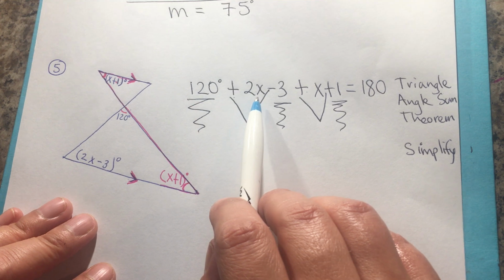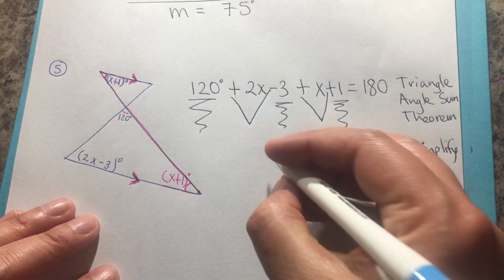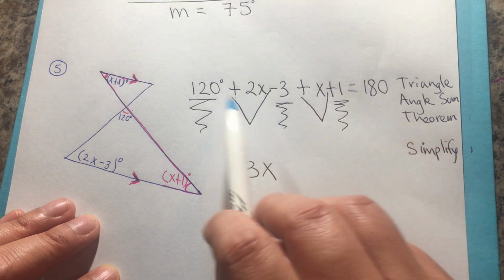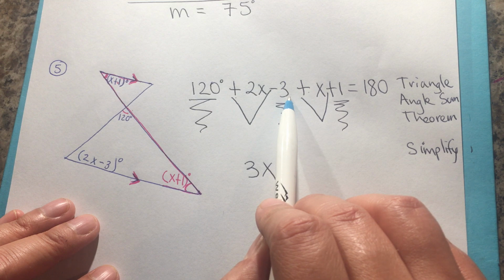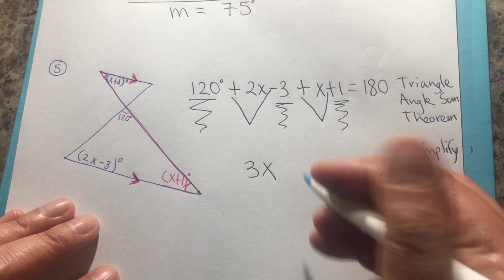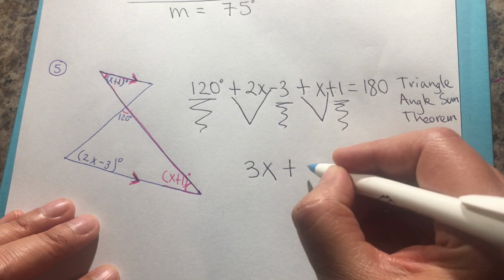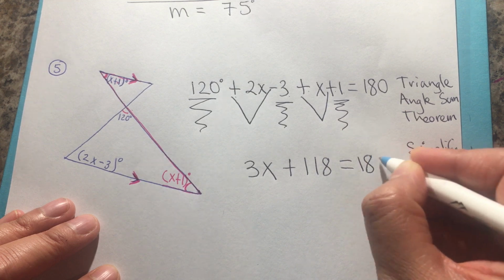And you know that usually the variables go first. So 2x plus x is 3x. 120 minus 3 is 117, plus 1 is 118, equals 180.